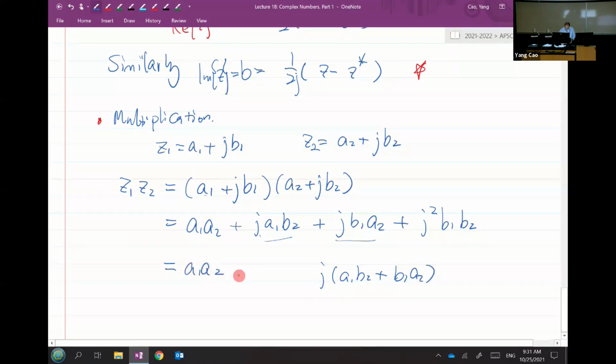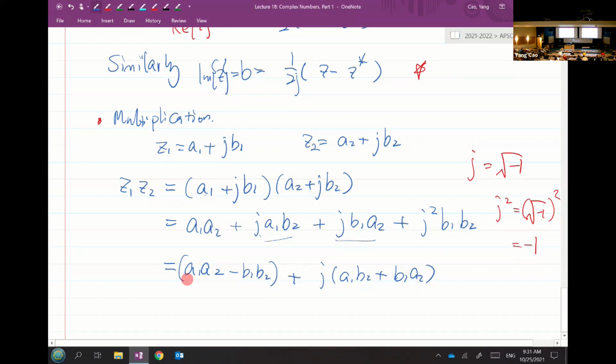And a1 a2 is a real number, so you can put it there. Now the j squared term: if you recall, j is the square root of -1, so j squared gives you back -1. So that term is minus b1 b2.